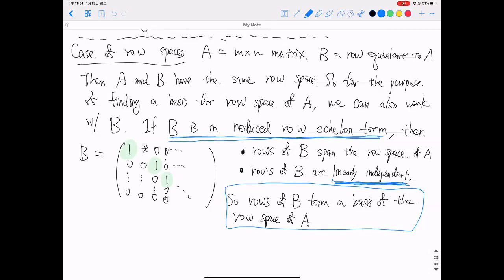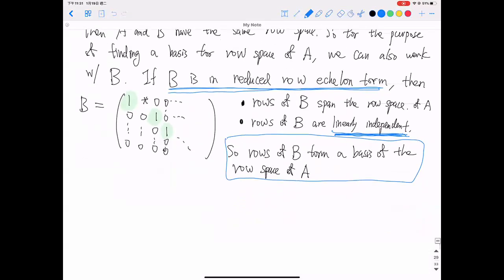Then I can read off a basis. So, the example above revisited. Example again.